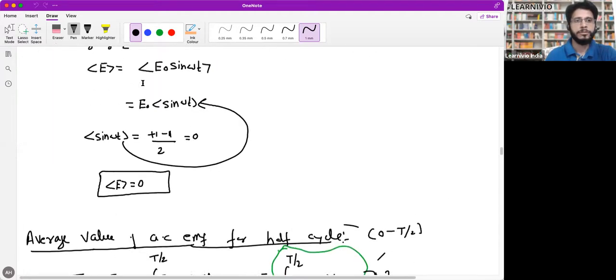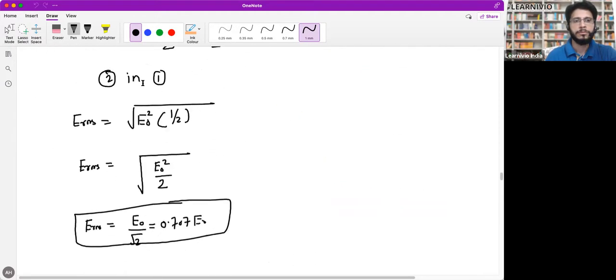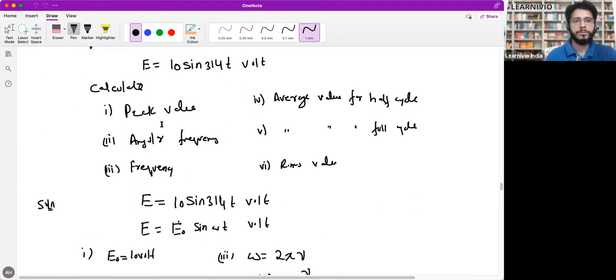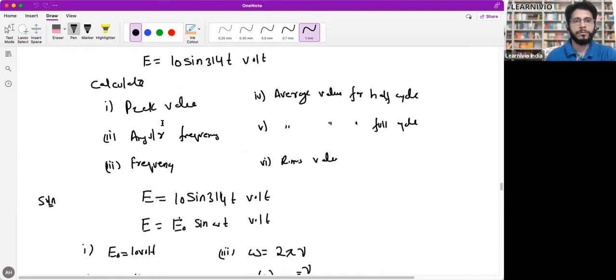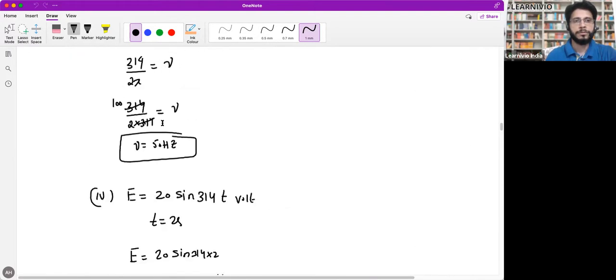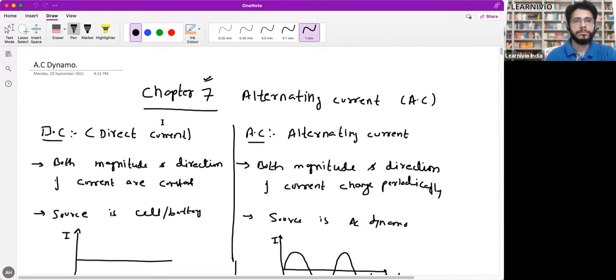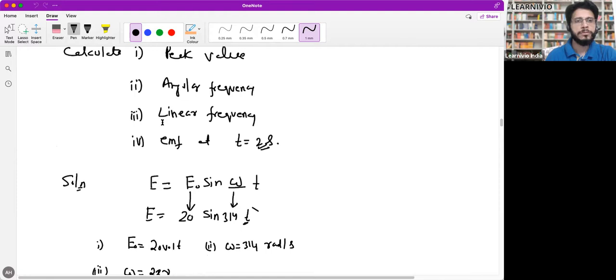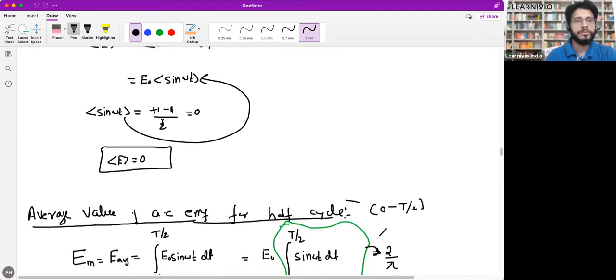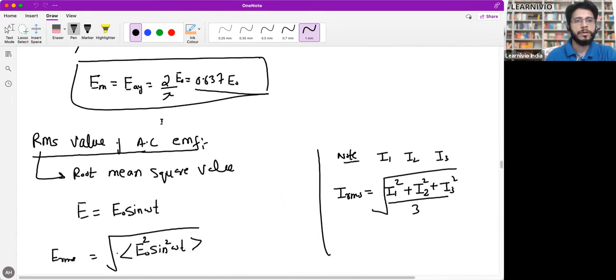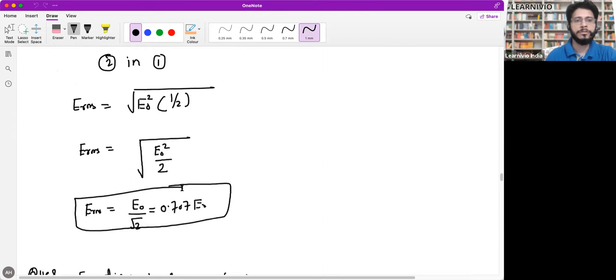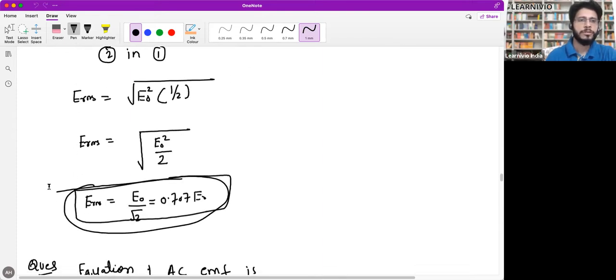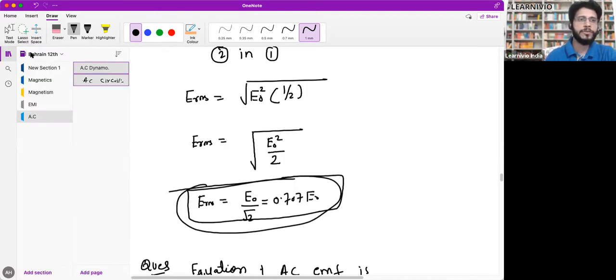This is the RMS value of EMF, right? How would you calculate RMS value of current?